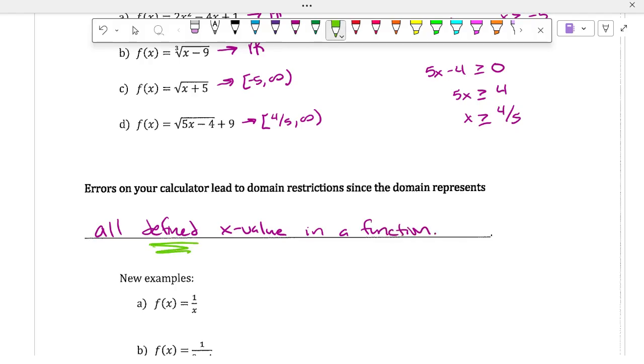Keyword: defined. If it's undefined at that x value, it doesn't have a corresponding y value. So what does defined mean? Defined means it has a y value. If you input the x, you'll get a y out of it.